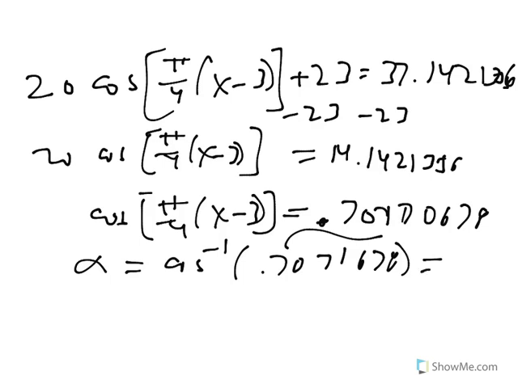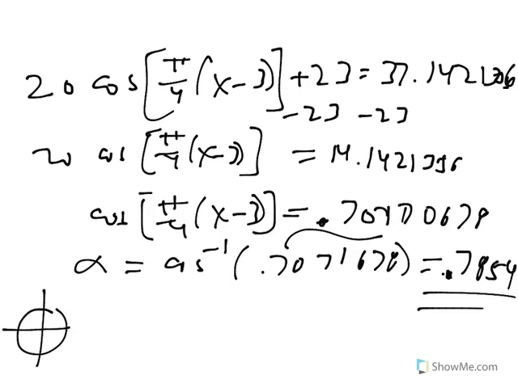And I go into radian mode, and I get 0.7854. That's 0.7854 radians. A radian is about 57 degrees, so this is like 40-something degrees. Doesn't matter. That's the reference angle. But cosine is positive in quadrants 1 and 4.